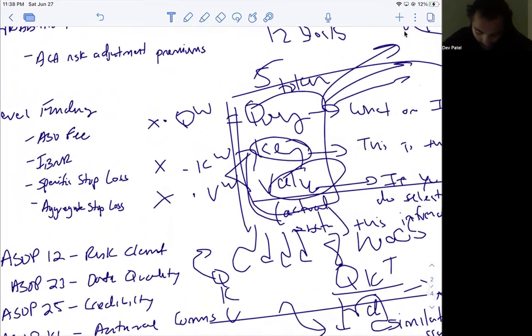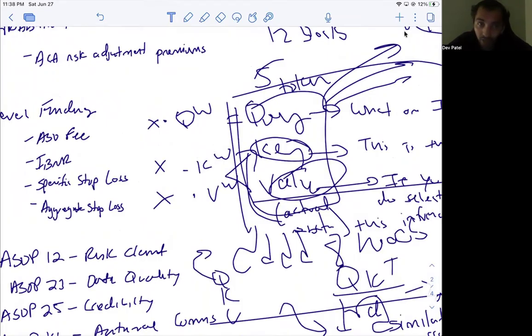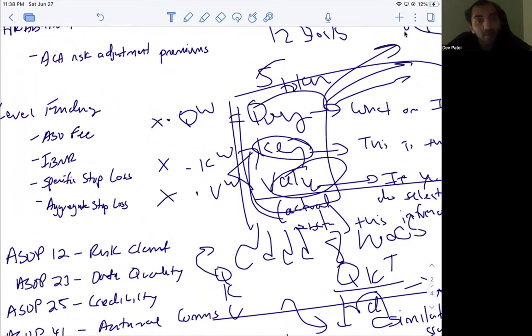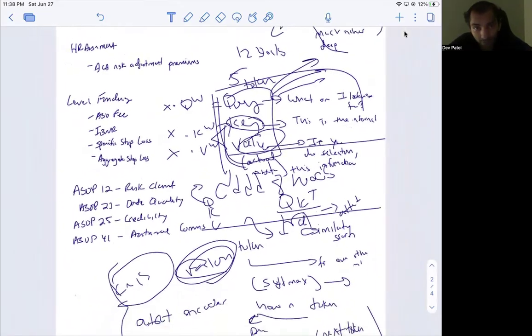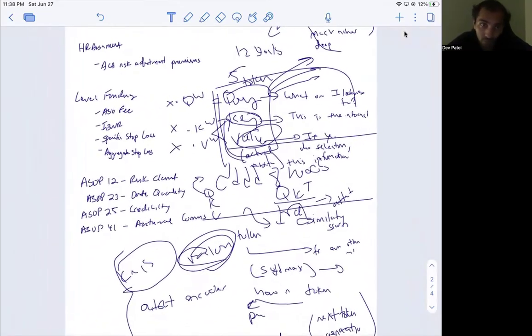Risk classification: you want to make sure it's reasonable, actuarially sound, with proper judgment based on group characteristics.